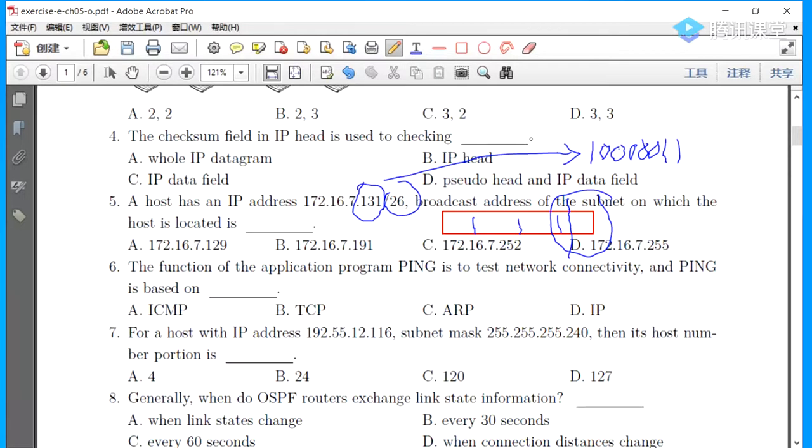And we know from /26 that the boundary is located after 2 bits.